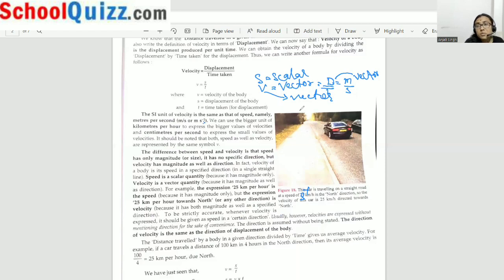The major difference between speed and velocity is that speed is a scalar quantity and velocity is a vector quantity. Clear? I'll rub it, then only we'll move towards the next slide. This slide is also over.